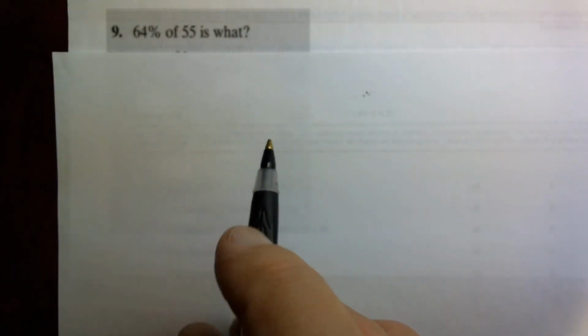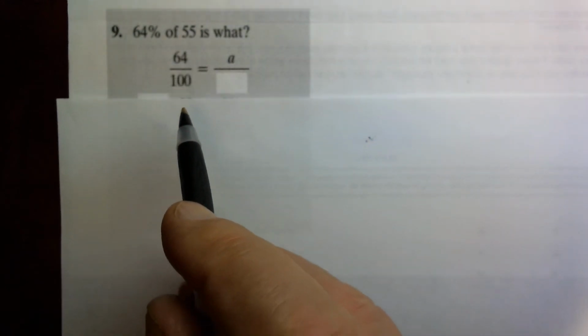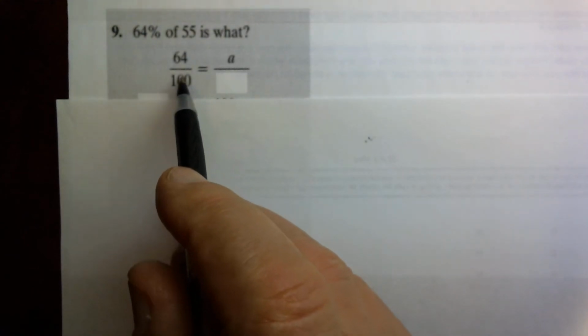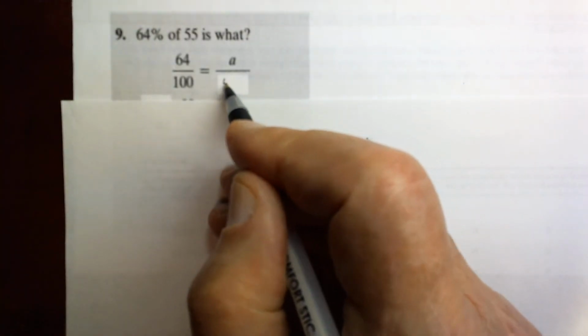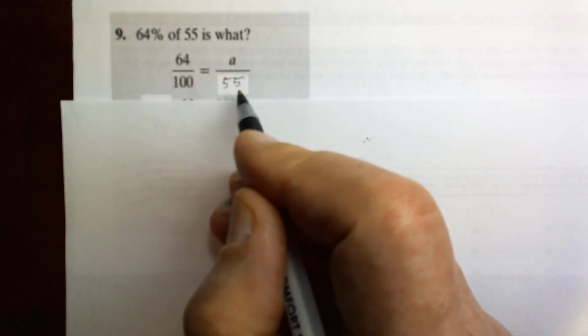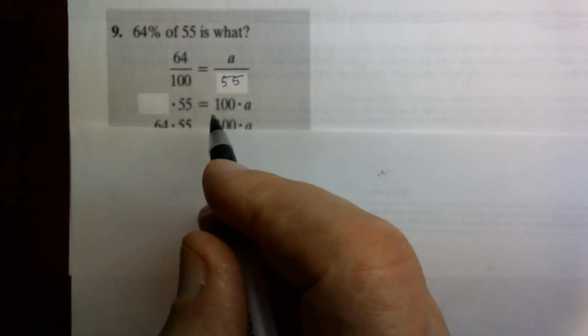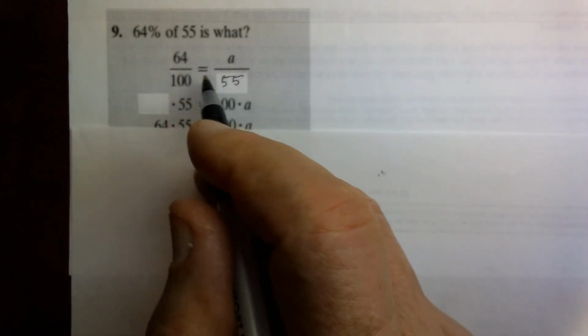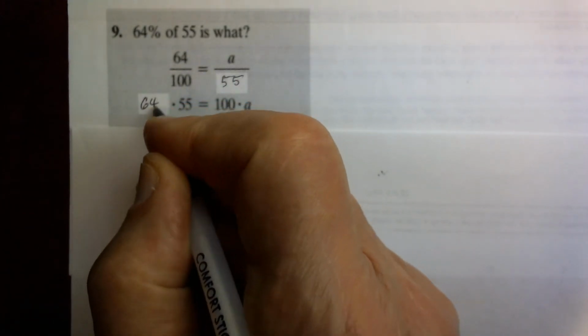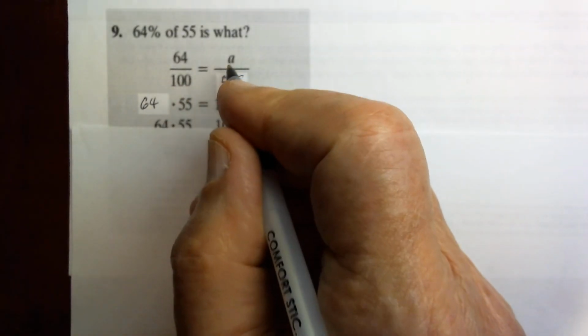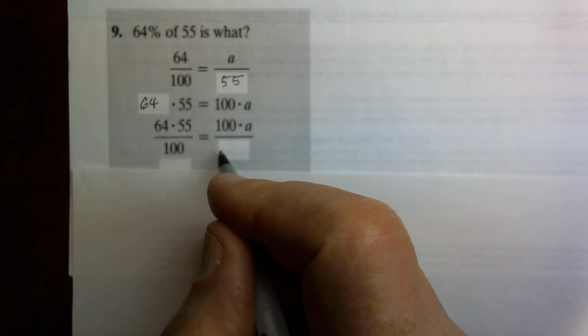In the guided solution for number 9, we asked 64% of 55 is what? So we set up the proportion 64 divided by 100 equals A divided by 55. We solve this proportion by cross multiplying. So 64 times 55 equals 100 times A. To isolate A, we divide both sides by 100.